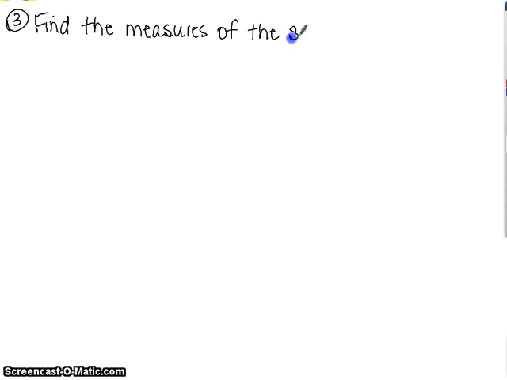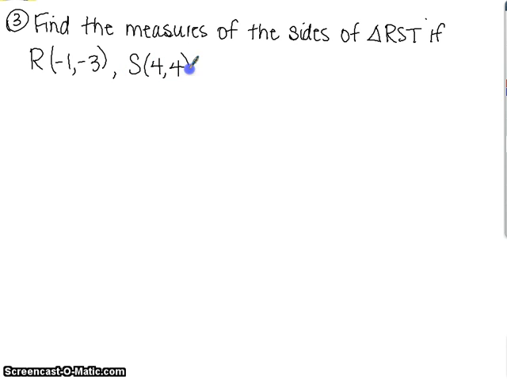All right, the last one. I told you that distance formula was going to follow you throughout this entire book. Here we go. Find the measures of the sides of triangle RST if R is -1, -3, S is 4, 4, and T is 8, -1.